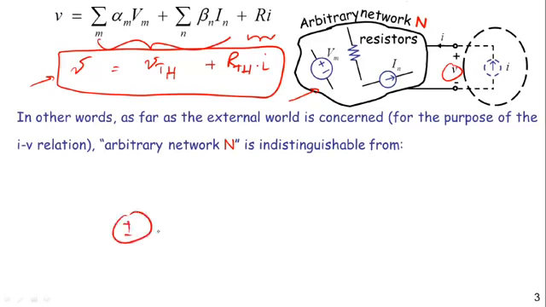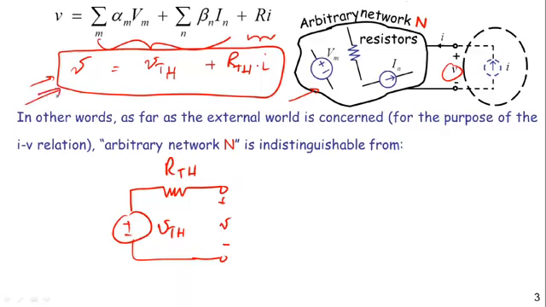I have a voltage VTH and a resistance RTH, and this is my voltage V. According to the equation V equals VTH plus RTH I, I have simply expressed that in circuit form as a little pattern showing a VTH with an RTH in series.